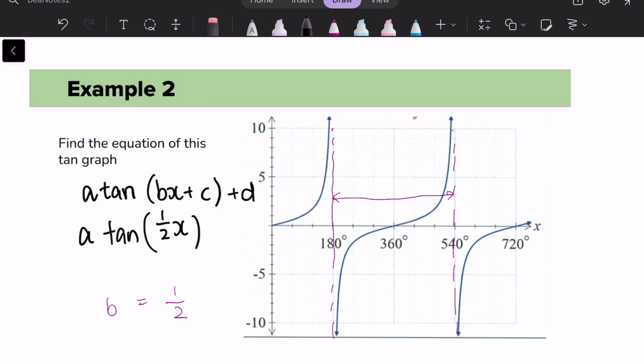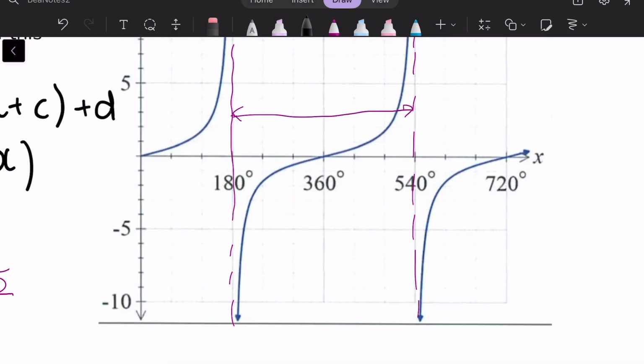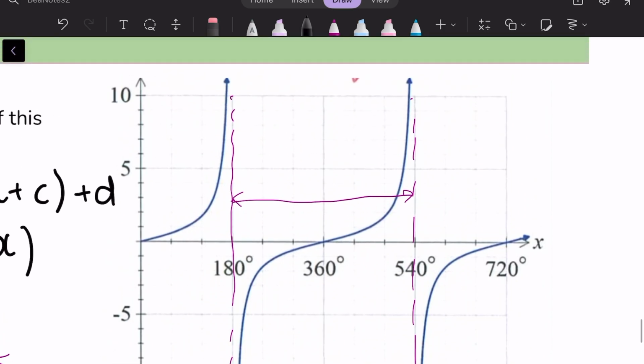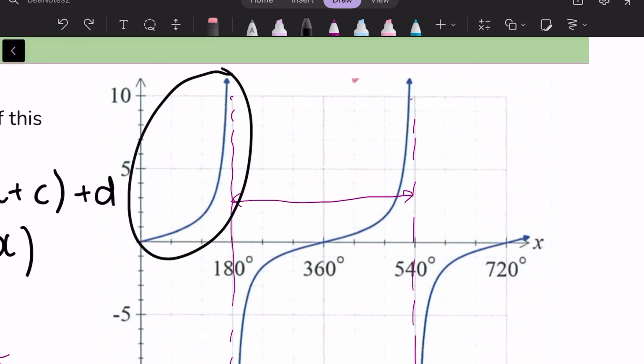But just to be sure, you can check by subbing in a point or using this sort of handy trick. What you do is take a quarter of the tan graph. So we know that this bit is half a tan graph. So take the middle of it, like here, this point.